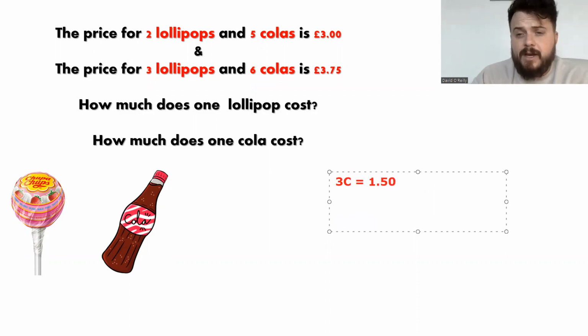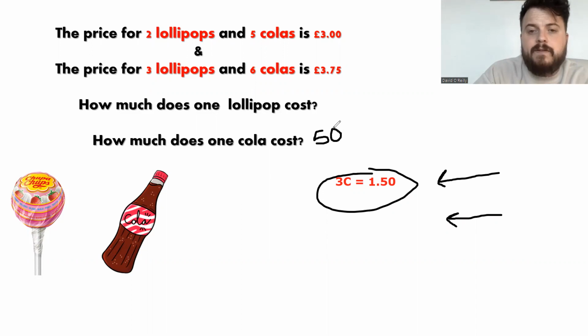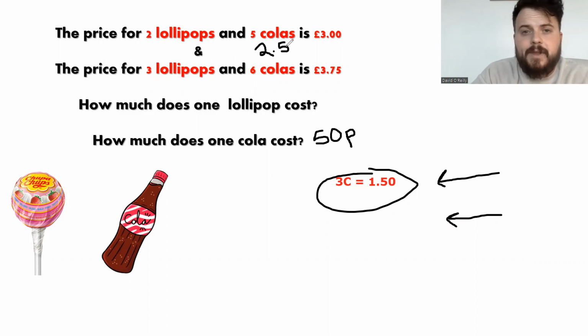And we're done. The only bit we've got to do now is the final bit of working out based on what we have here. So 3 colas is £1.50. If 3 colas is £1.50, 1 cola is going to be 50 pence, because 50 pence times 3 is £1.50. If a cola is 50 pence, then 5 colas is £2.50, because 50 times 5 is £2.50.